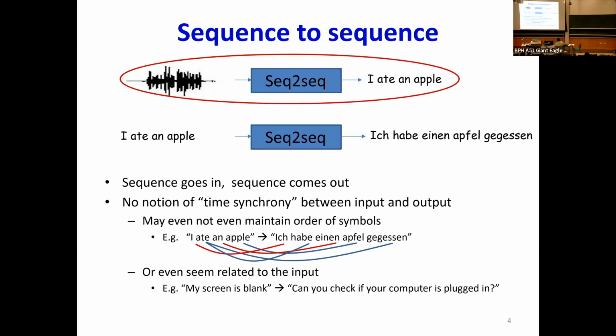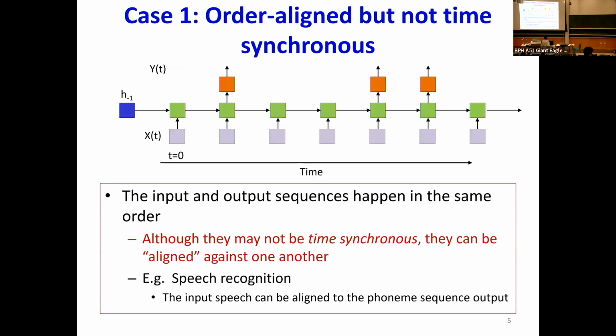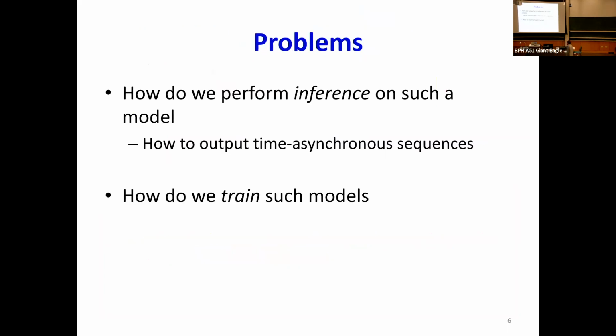Now, we are going to be dealing with the speech recognition problem, but this is just an example of a particular class of problems where the output sequence has an order correspondence to the input. Here, the input and output sequences happen in the same order, but they are not time synchronous. So they cannot be aligned directly; they can be aligned against one another, but you don't have an output for every input.